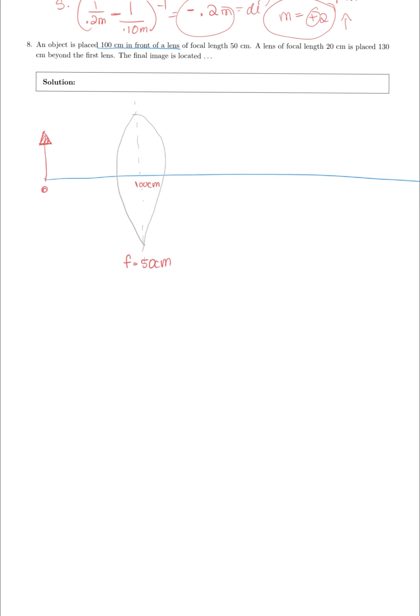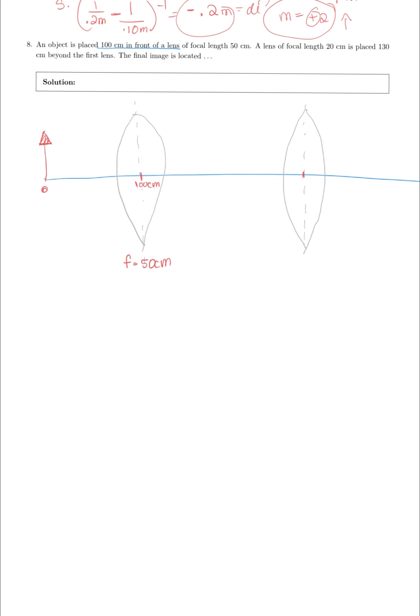Then a lens of focal length 20 centimeters is placed 130 centimeters beyond the first. Okay, here's lens 2, and he is 130 centimeters behind this guy. So that means he is from here to here.